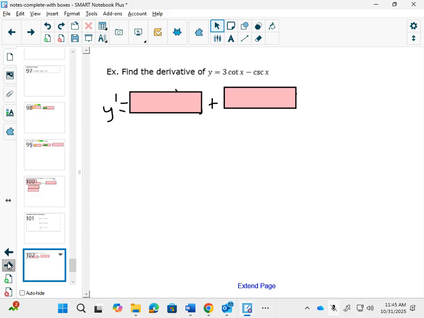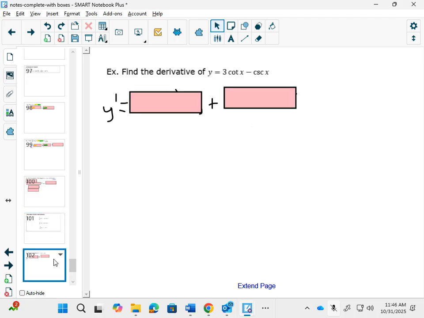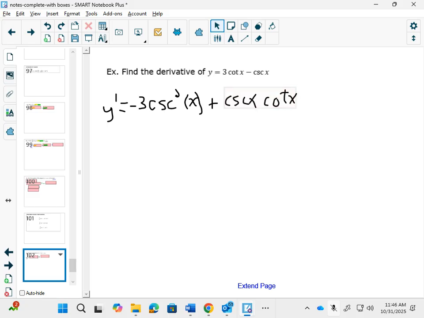What's the derivative of tan? Positive secant squared. What's the derivative of cotangent? Negative cosecant squared. Okay, so here I got 3 cotangents, it's going to be negative 3 cosecant squared x. And negative cosecant with another negative will be positive cosecant cotangent.